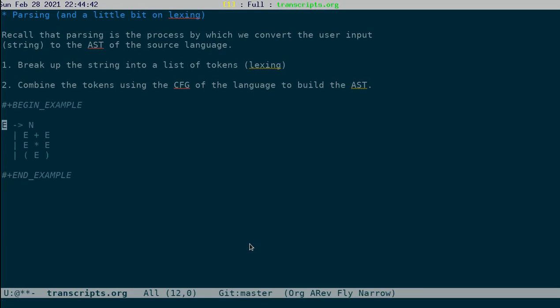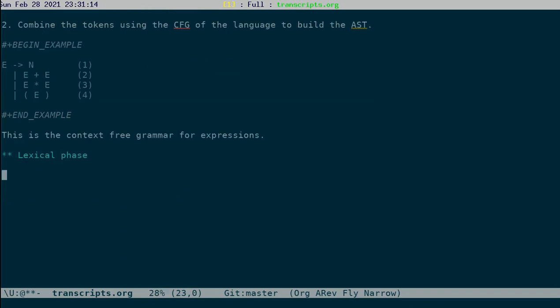Recall that an expression is either a natural number, or expression plus expression, or expression star expression, or bracketed expression. This is the context-free grammar for expression. Let's talk about the tokens of this grammar.